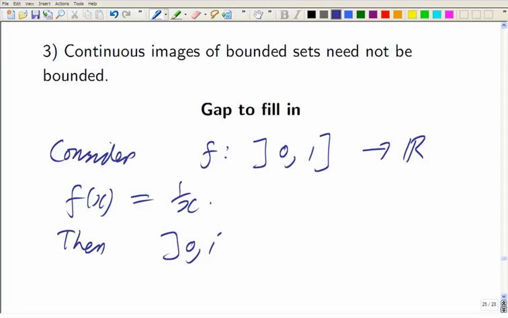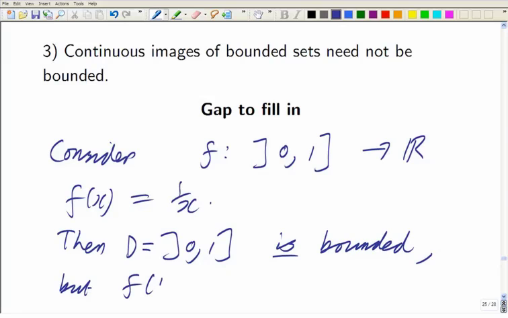That set (0, 1) is bounded, so let's call that D. f of D swaps it over and you go from 1 up to infinity exclusive, and that's unbounded.